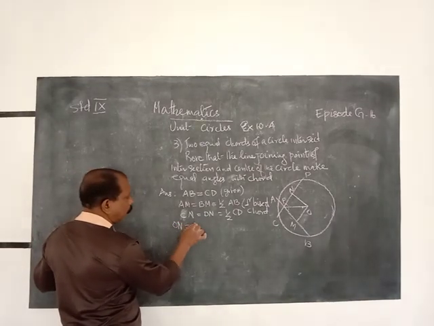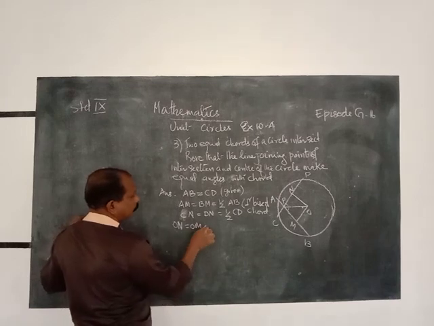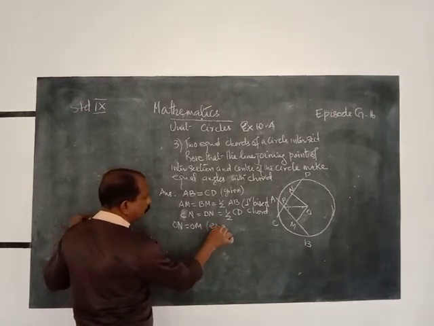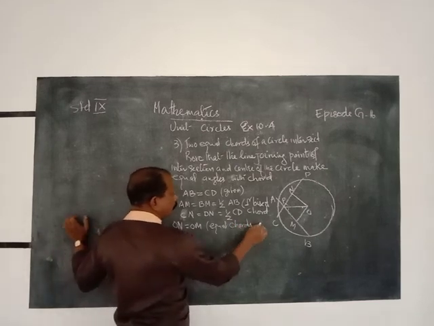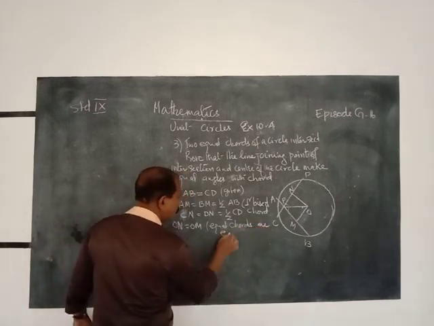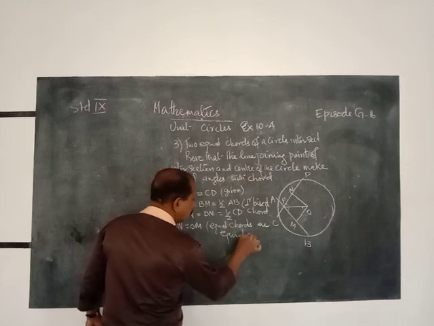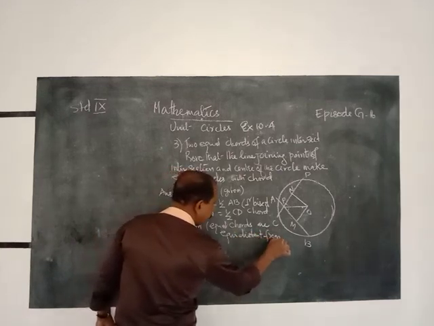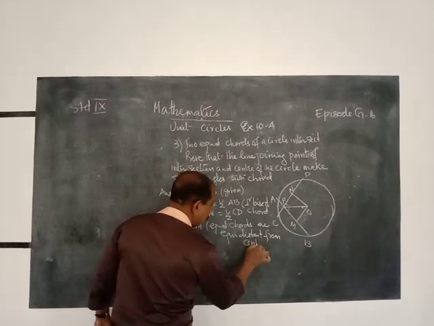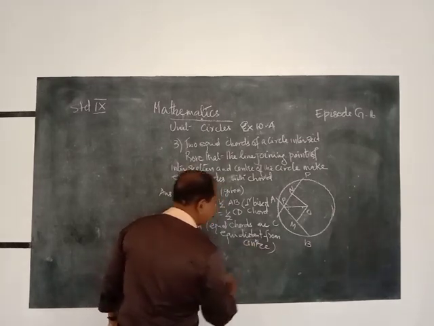OM is equal to ON, that is, equal chords are equidistant from the center. That is the reason.